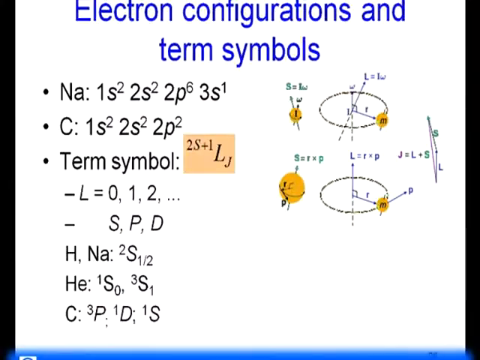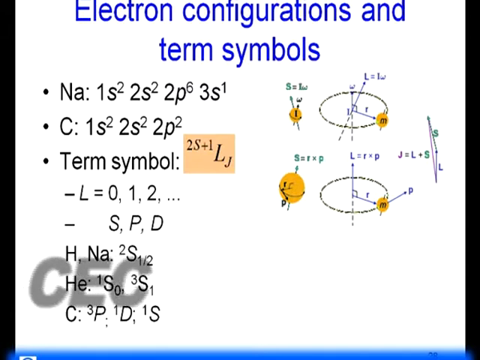L is the total orbital angular momentum, and J is the total angular momentum. You will also observe that instead of the small s that we use for writing the spin, or the small l that we used for the azimuthal quantum number, the term symbol has a capital L and a capital J, and J is the total angular momentum.